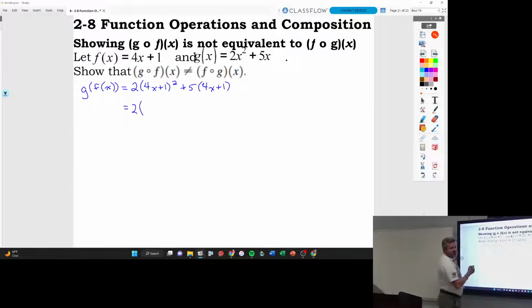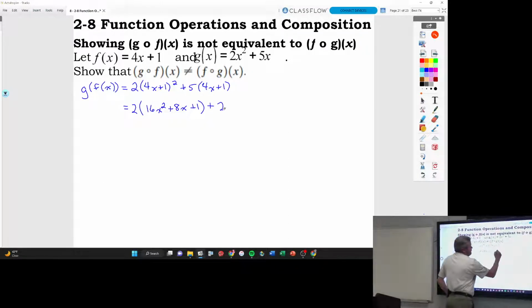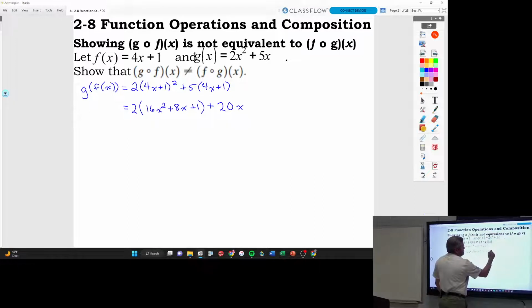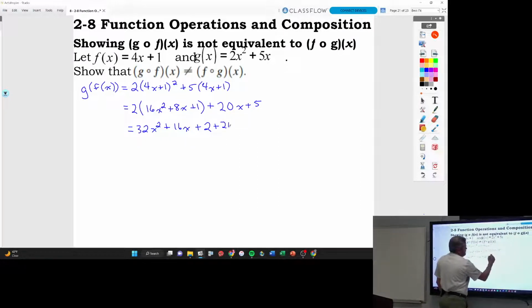If I take 4x plus 1 squared, that means 4x plus 1 times 4x plus 1. That would be 16x squared plus 8x plus 8x plus 1, so 16x squared plus 16x plus 1. Distributing the 5: 5 times 4x is 20x, 5 times 1 is 5. Distribute my 2: I have 32x squared plus 2 times 16x is 32x plus 2 times 1 is 2, plus 20x plus 5.